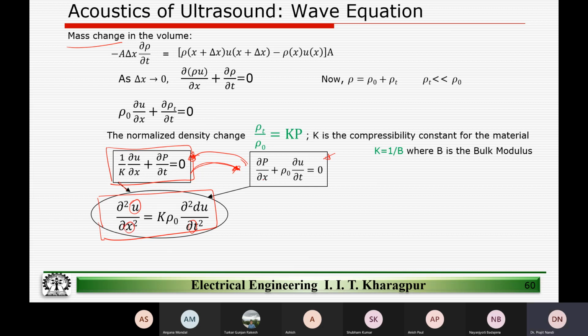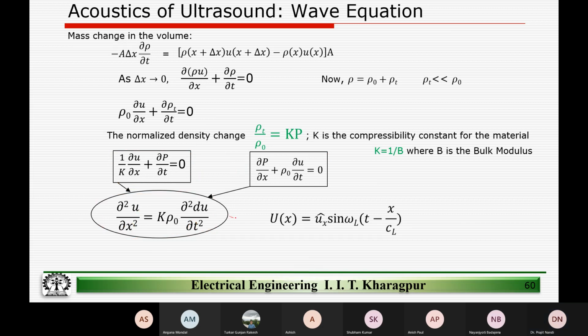So this is one relation that we get, and if we solve this equation, what we find is the velocity of the particle as a function of x is nothing but a sine wave. It has a few variables.